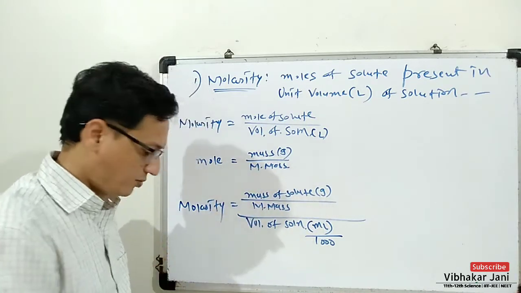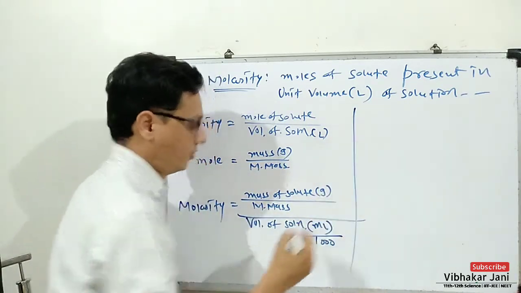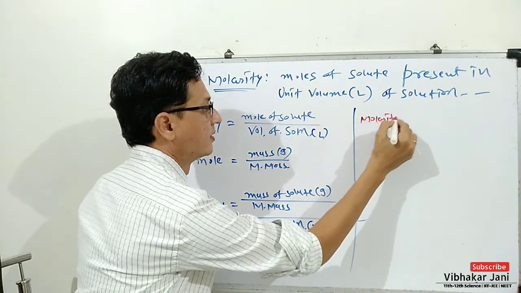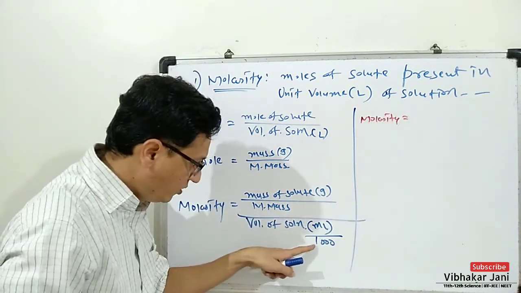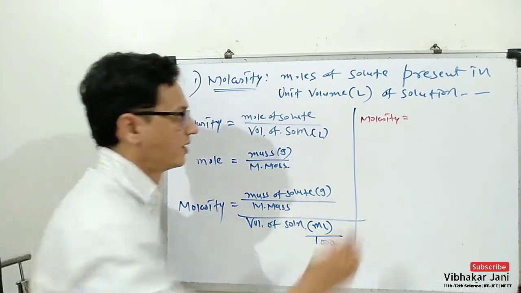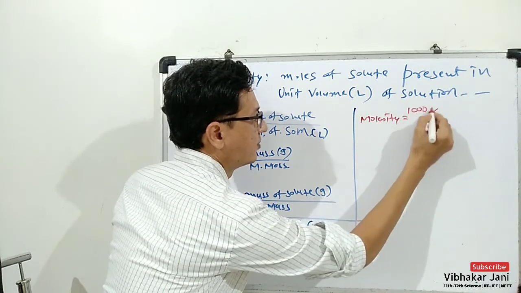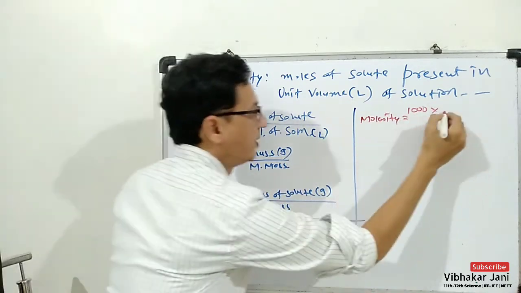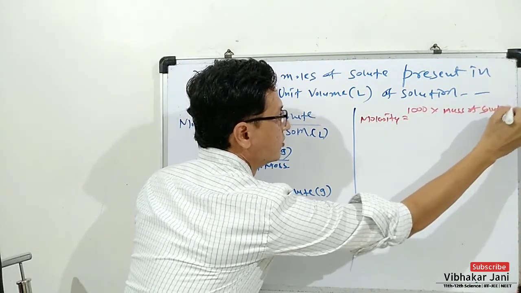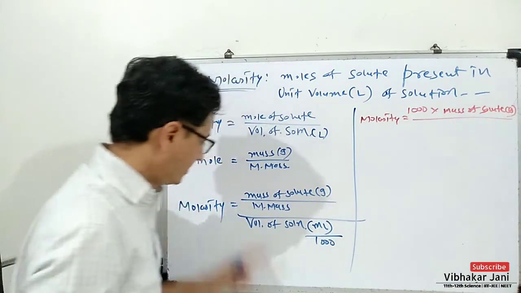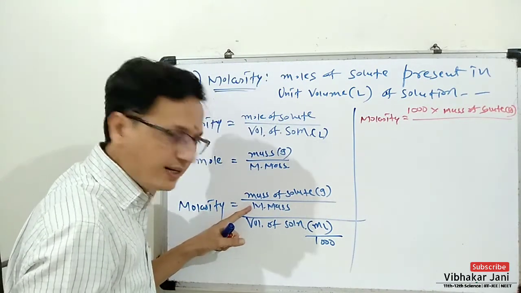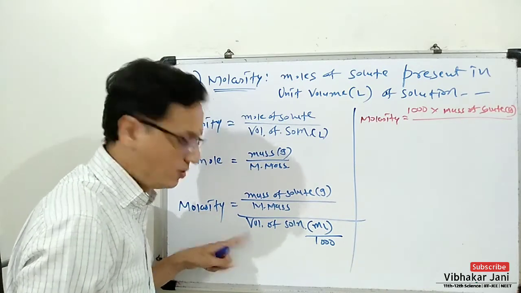Now let us simplify this formula. So it will look like this. Molarity is equal to, this is the denominator of the denominator, that means it will go to the numerator. So I will write 1000 multiplied by, this is already mass of solute in gram divided by, this is the denominator of the numerator, so it will be in multiplication with the denominator.